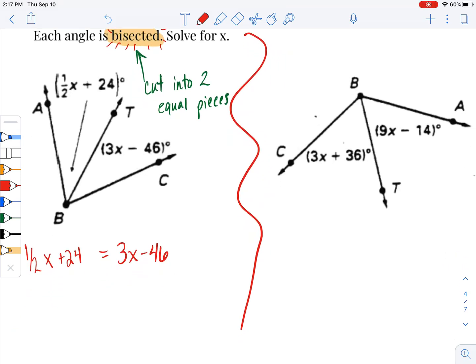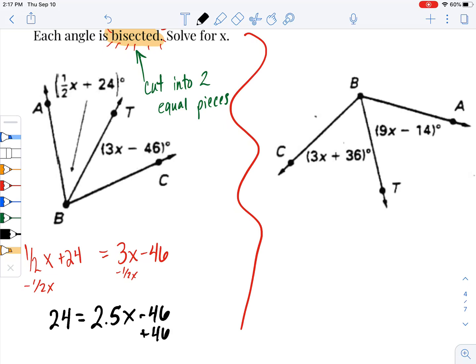So I can solve for x from here. So let's see, if I subtract 1/2 x, then I've got 24 equals 2.5x, not plus, minus 46.